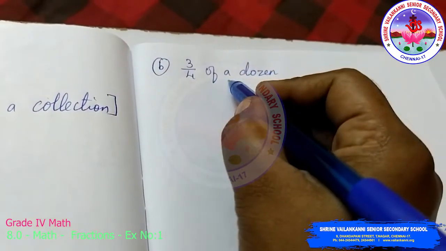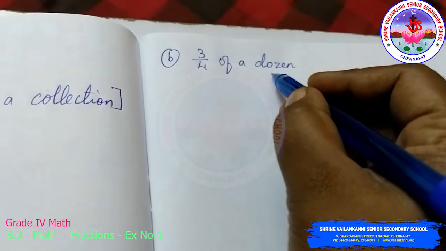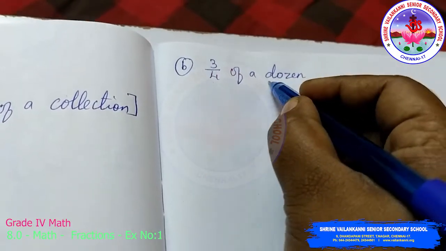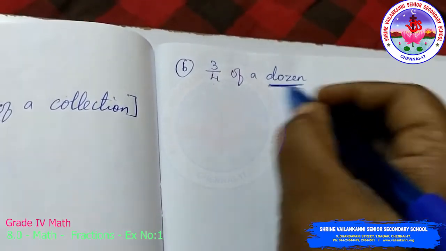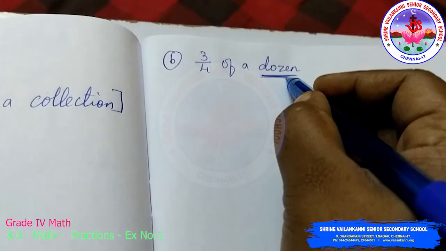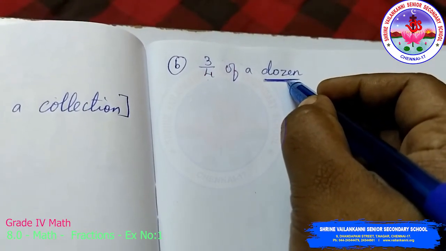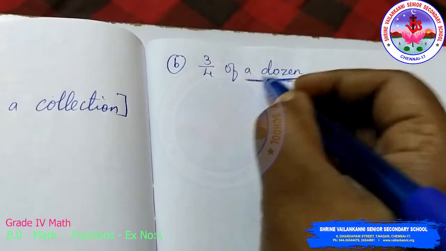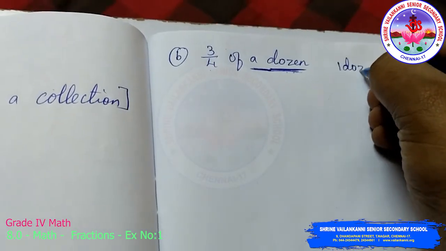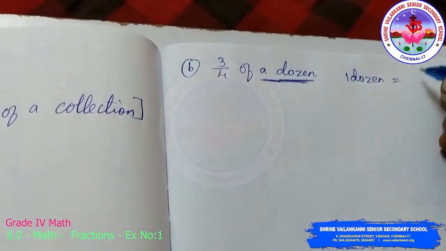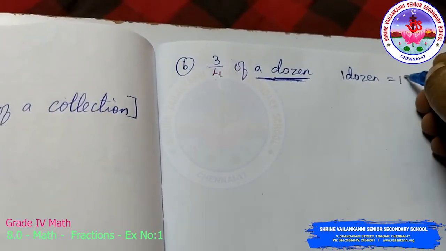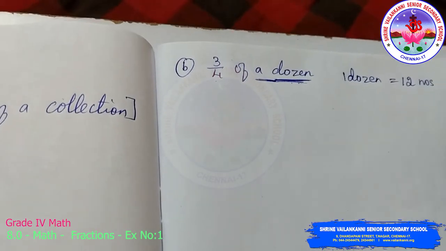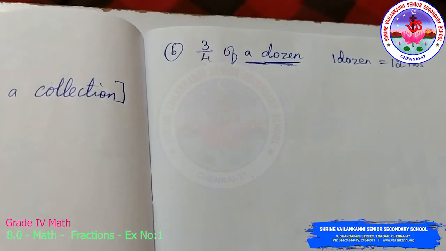So 3/4 of a dozen. Here they have not given any value; instead they have given dozen. So what do you mean by dozen? A dozen means 1 dozen, which is equal to 12 quantities, right?